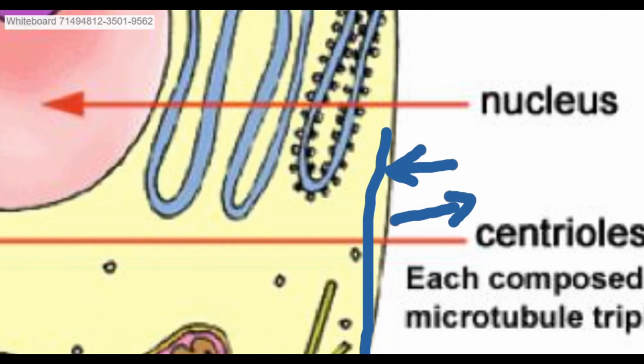So stuff that can move out and in is controlled by the cell membrane, and this cell membrane is partially permeable. And the reason for that is because of a phospholipid bilayer. For now, you don't need to know the meaning of phospholipid bilayer. You just need to know that it's partially permeable. This cell membrane is partially permeable, and it allows the movement of particles inside and outside of the cell.